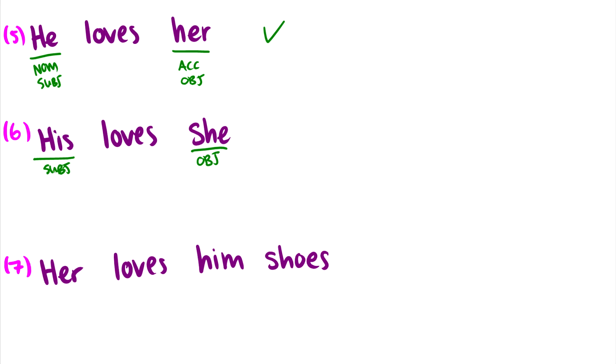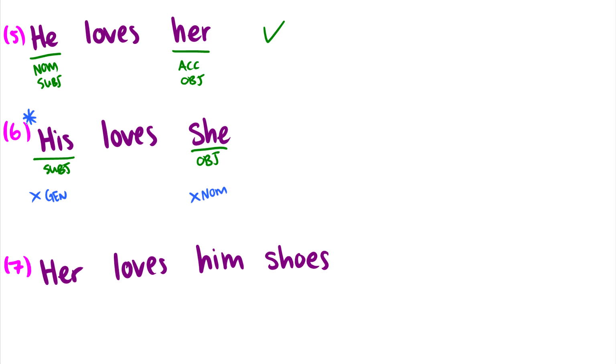So our subject has to be nominative, but this is genitive. So we don't want genitives as our subjects. What about she? Well, she is an object, so we want it to be the accusative her, but instead we have the nominative here, and that's bad. So no, this sentence is ungrammatical.